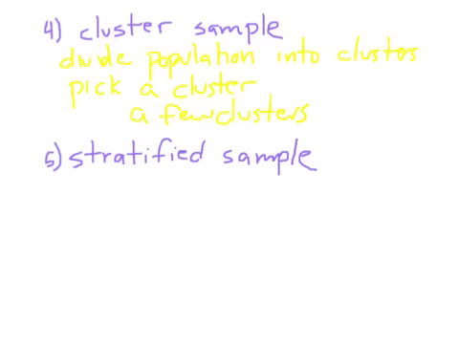Okay, let's talk about a stratified sample. A stratified sample, you do a similar thing, but you pick one individual from each cluster. Although usually you don't use the term cluster, you use the term strata.